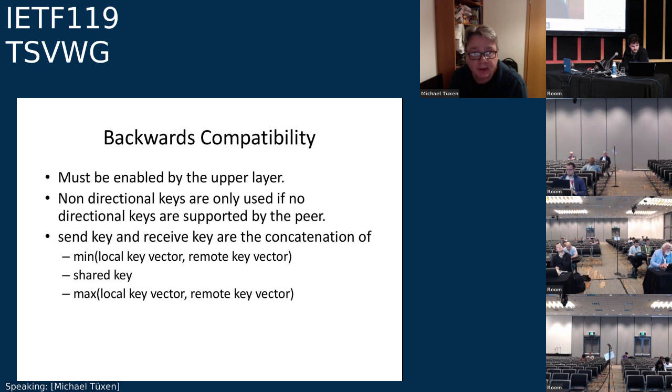And then the send and receive key are computed by the minimum of the local key and remote key, the shared key, and the maximum. So in that case, we don't ensure that the random parameters are different and the send key and receive key are equal. This is putting the old way in this formal context. Next slide.